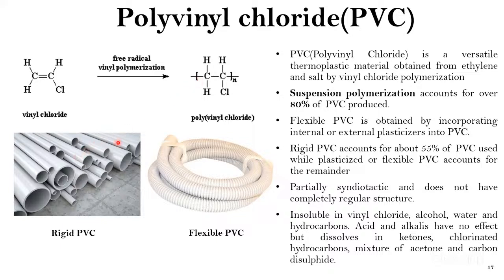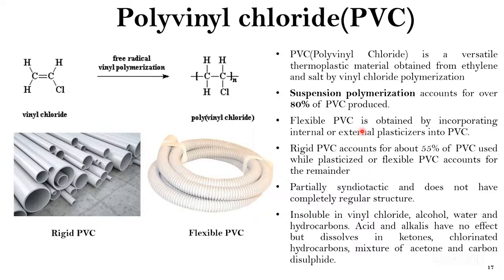By adding a plasticizer, which is a low molecular weight compound that gives a lubricating effect to the polymer, they make it very flexible in nature. So if you want to get flexible PVC, you have to add the plasticizer.